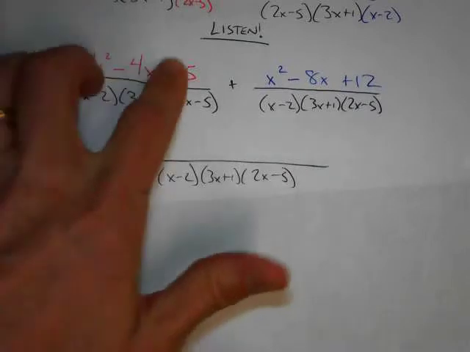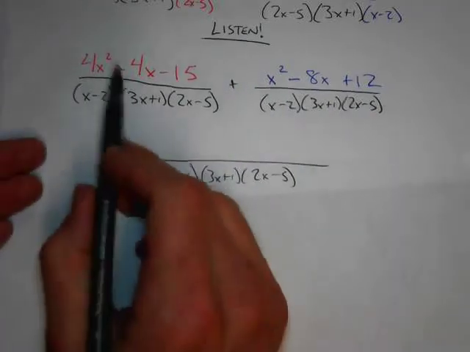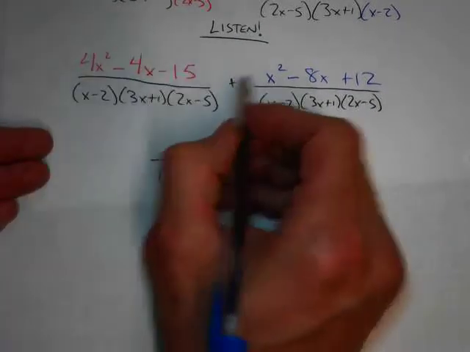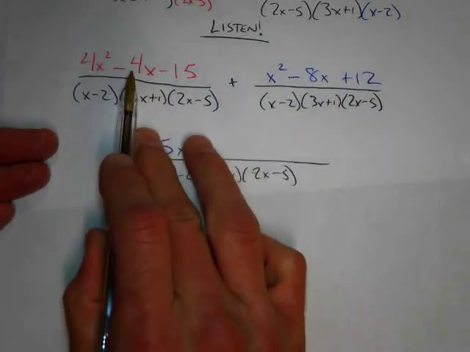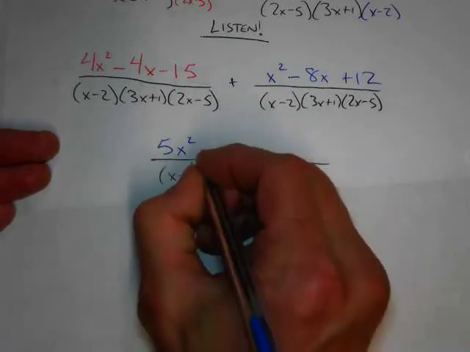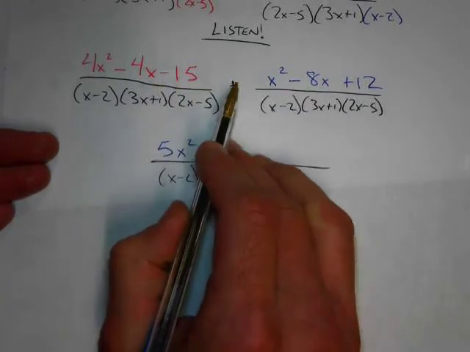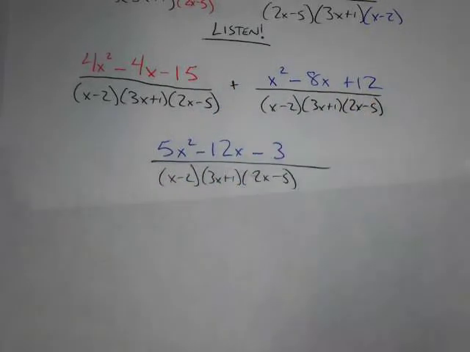Because I'm going to be combining like terms up here. 4x squared plus x squared is 5x squared. Minus 4x plus a negative 8x is a negative 12x. And then minus 15 plus positive 12 is a minus 3.